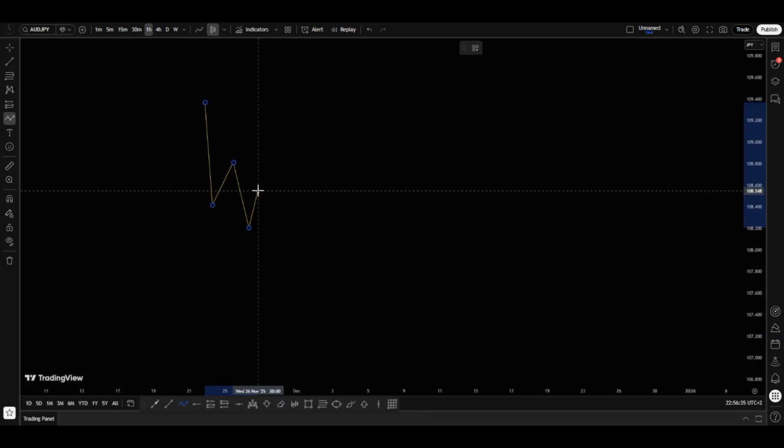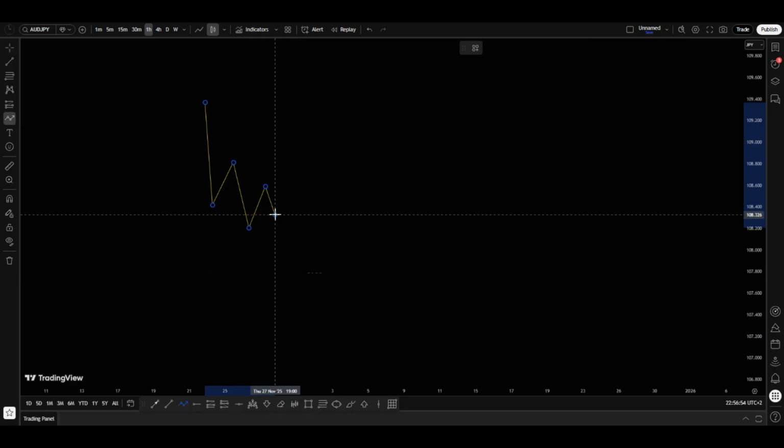We call it a lower high because it's a high, but it is lower than the previous high. So the minute it gives us a lower high, then pushes back to the downside, that's where we know we're having a bullish reversal pattern.